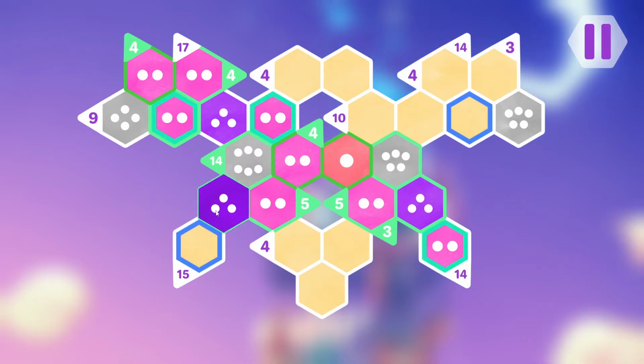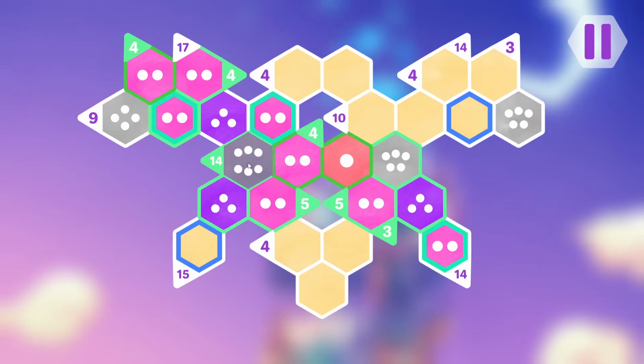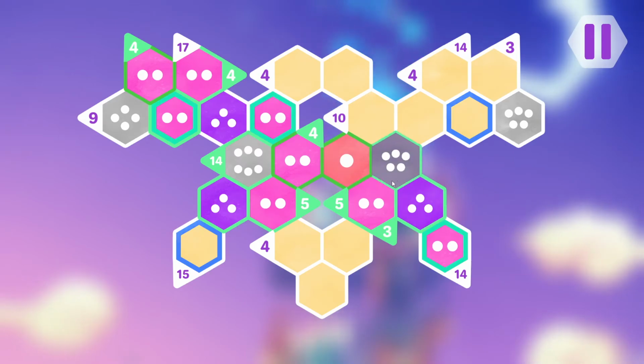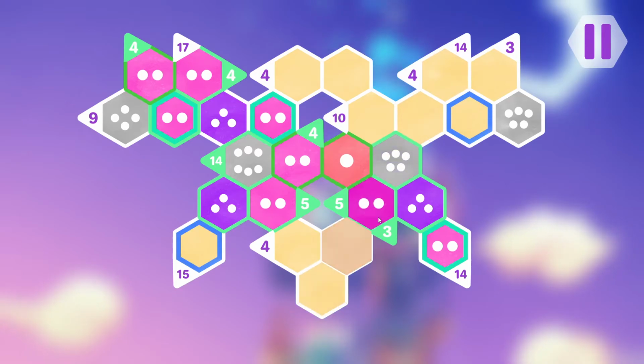That's okay. 5 over here. So 11. Okay, this is 5, 7, and we have 7 left in those cells.